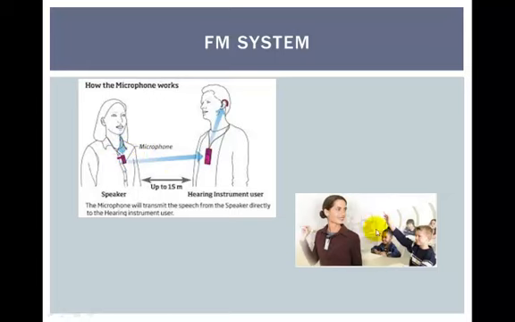Here's one in the classroom. So the teacher has the microphone on, she's talking into it, and it's sending it out through radio waves directly to whichever child in this classroom is utilizing amplification. This is another form or another type of FM system. What you're seeing here is actually utilizing a form of Bluetooth technology.